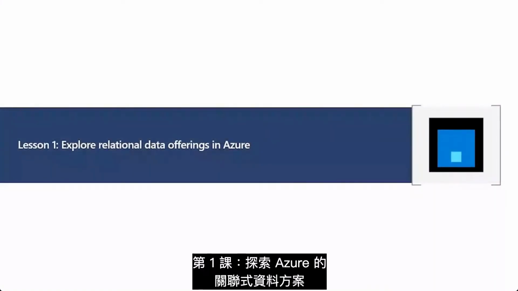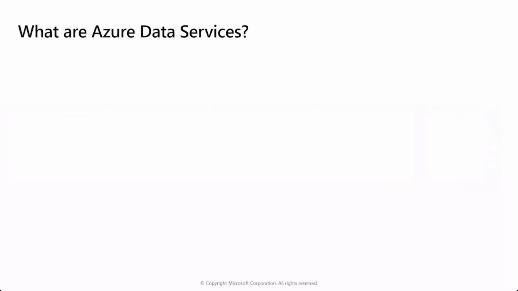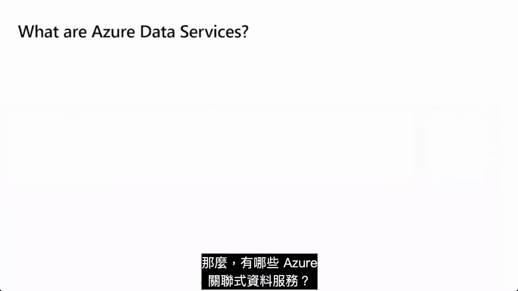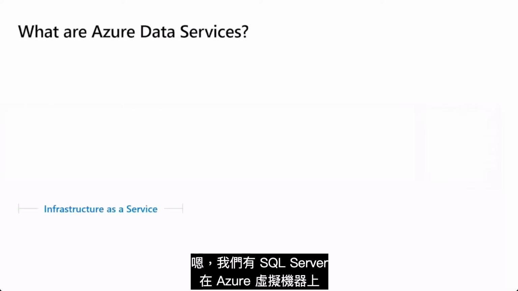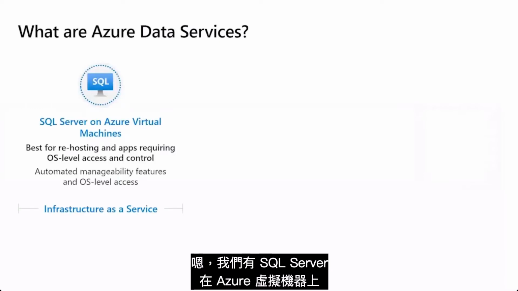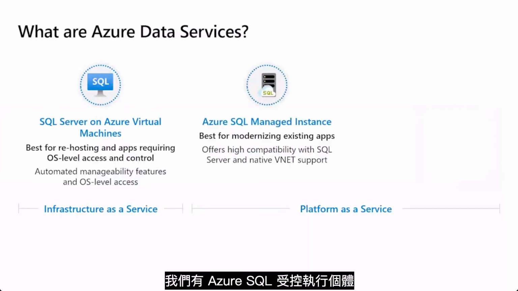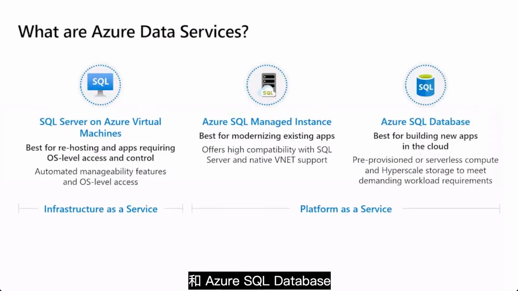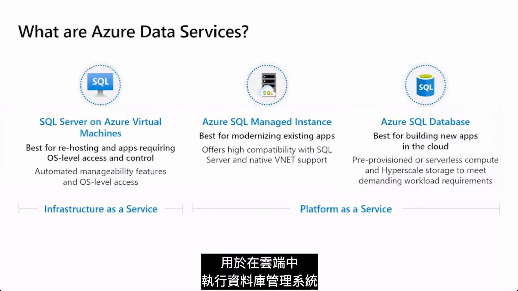Lesson 1, Explore Relational Data Offerings in Azure. So what are some of the Azure Relational Data Services? Well, we've got SQL Server on Azure Virtual Machines, we've got Azure SQL Managed Instances, and Azure SQL Database. So Azure offers a range of options for running a database management system in the cloud.